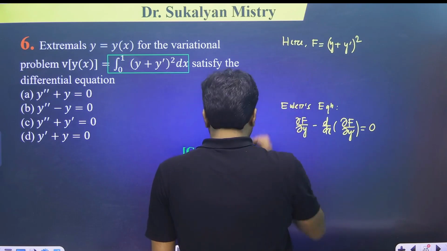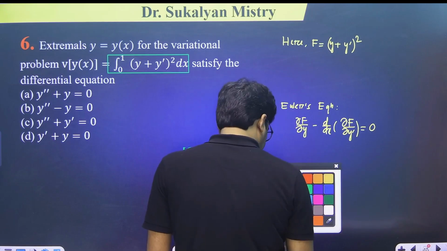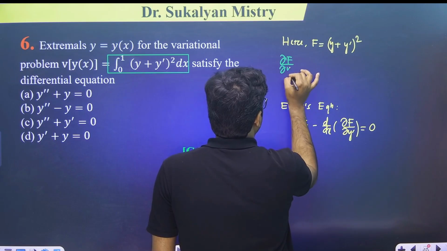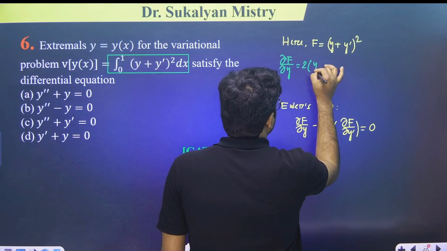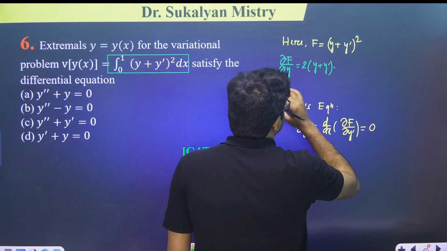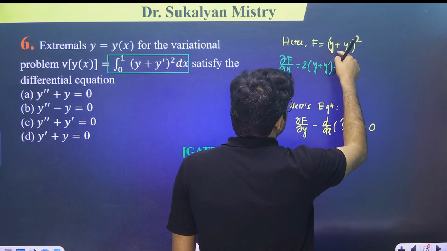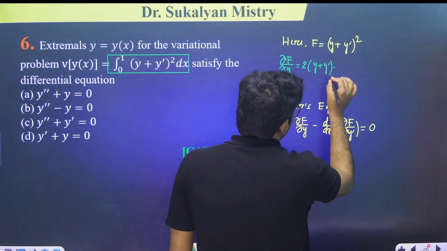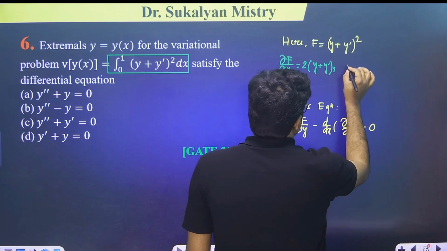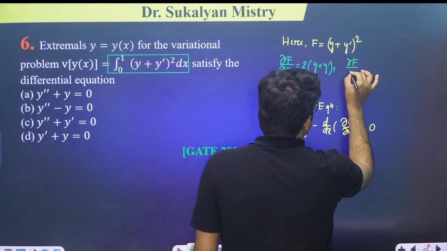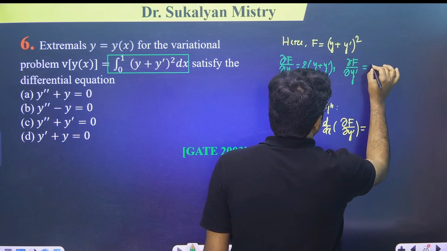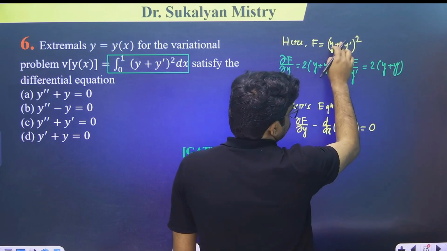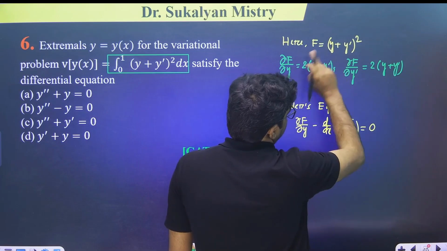Del f del y is 2 into y plus y dash, since the derivative of y is 1 and of y dash is 0. Del f del y dash is 2 into y plus y dash, again differentiating with respect to y dash, so this will be 0 and this will be 1.